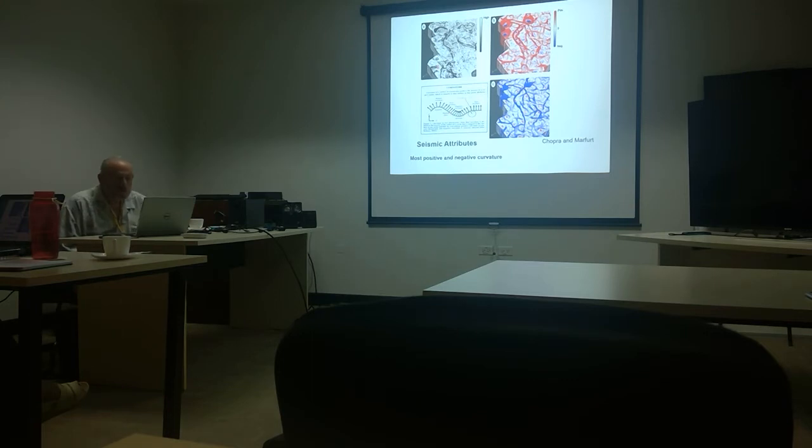It's very useful. This is a cross-section where you have an anticline or an antiform, and a syncline or a synform. And what happens when wavelets hit the anticline, they disperse out.